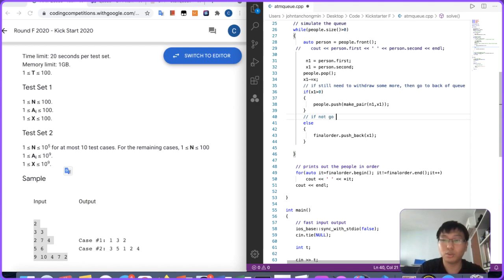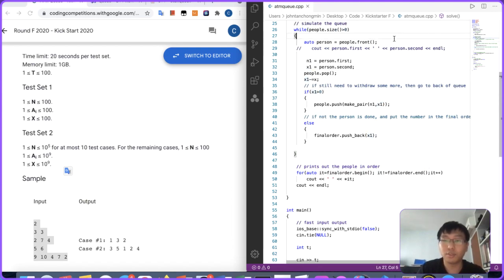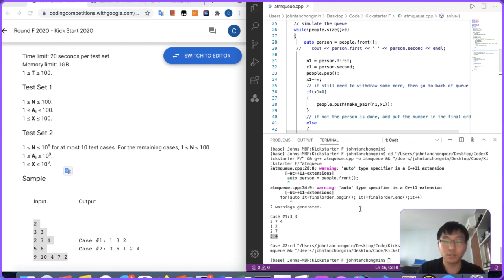So this should do the trick for the code. Not sure why the indent is not indented. If you do Python, you will understand why I'm not too happy with the indent here. Let's try to code this out.